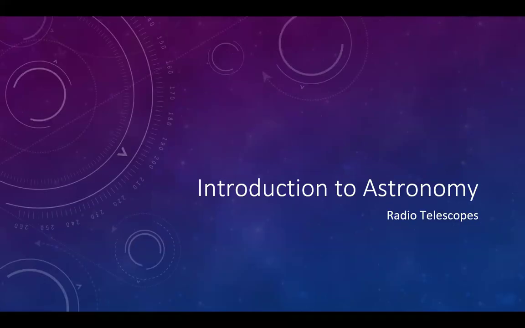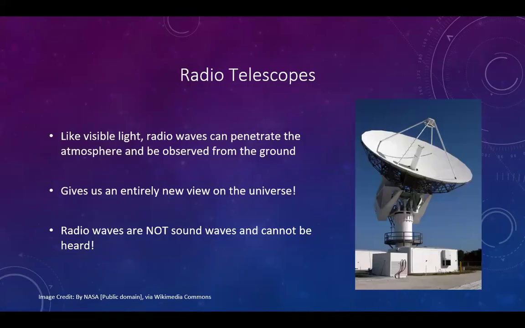Now, so those were optical telescopes. Let's talk about radio telescopes. Radio telescopes detect radio waves. Like visible light, radio waves can penetrate the atmosphere. So the two primary types of telescopes we have on Earth are radio telescopes and optical telescopes.